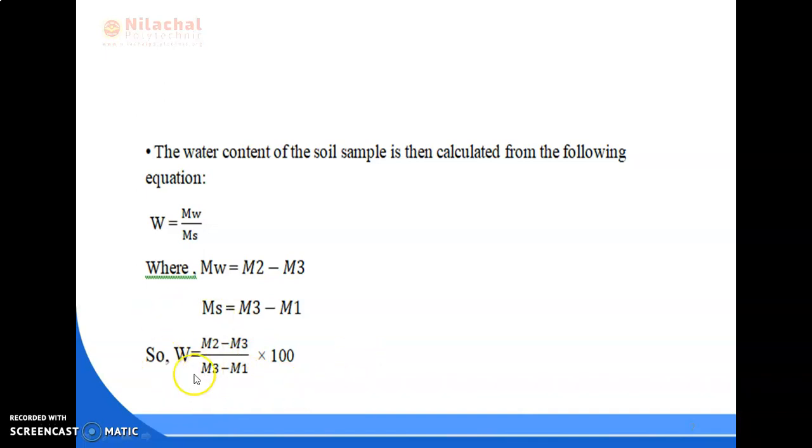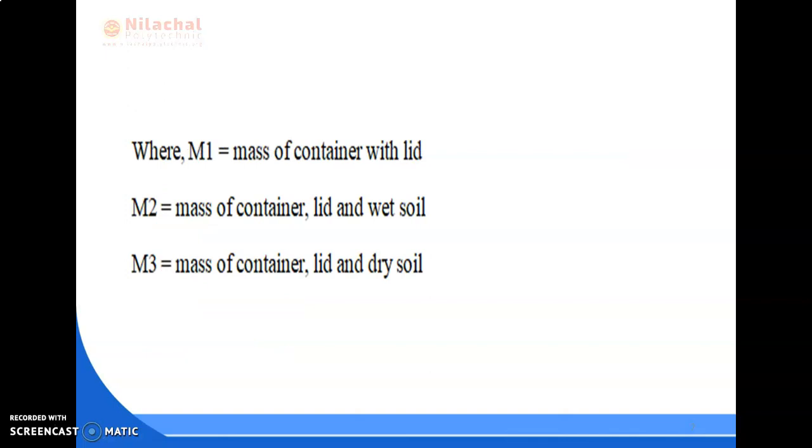This is the formula we get from this oven drying method, and this is also a laboratory method. Where M1 equals mass of container with lid, M2 equals mass of container plus lid plus wet soil, and M3 equals mass of container plus lid plus dry soil.